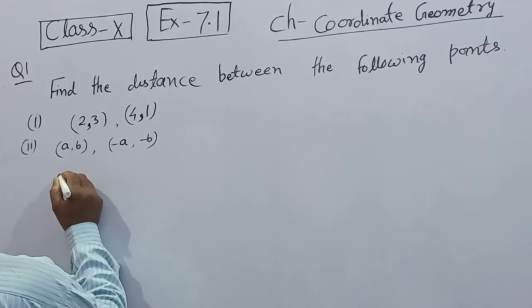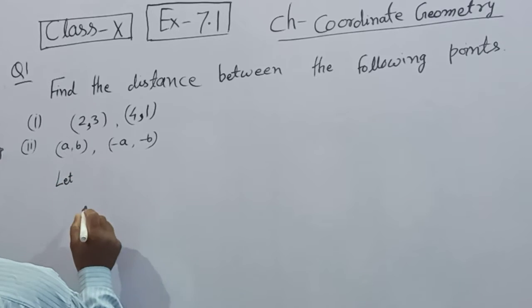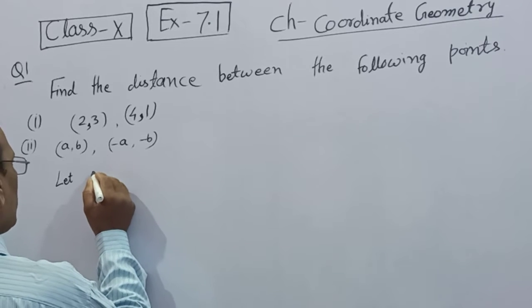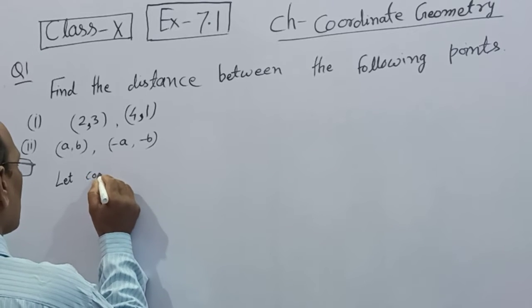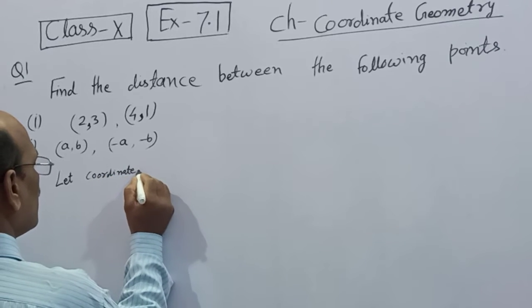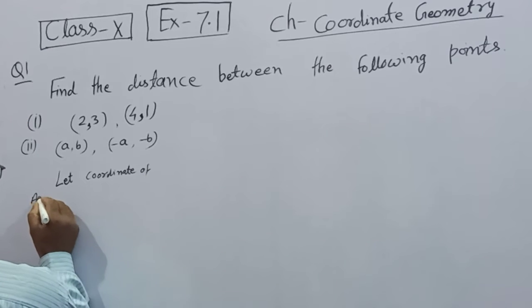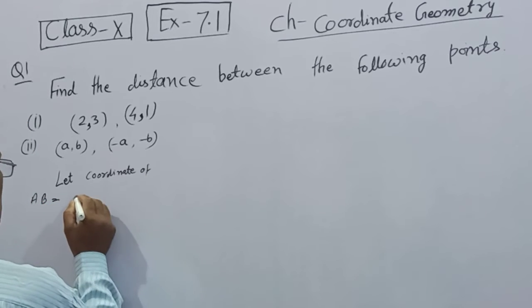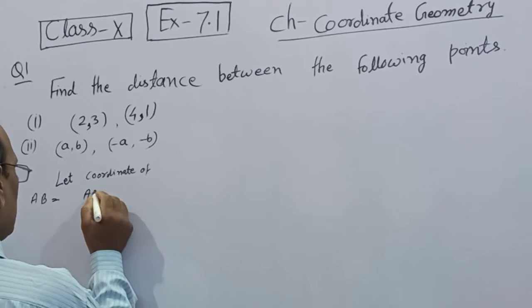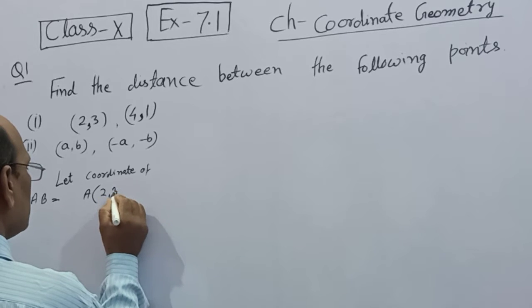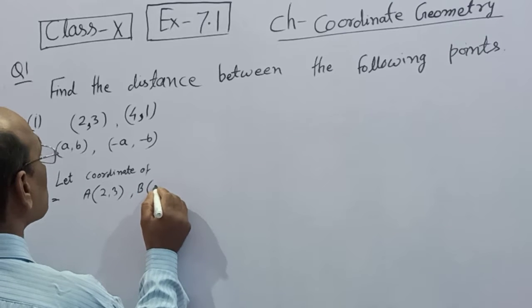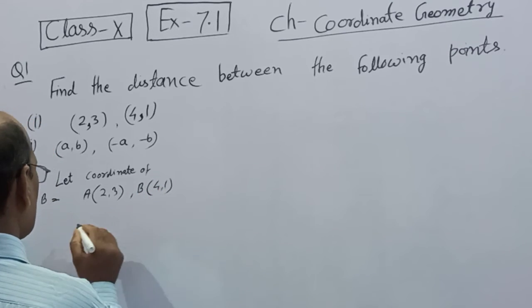First of all, let we have 2 points A and B. Coordinate of A is (2, 3) and similarly coordinate of B is (4, 1).